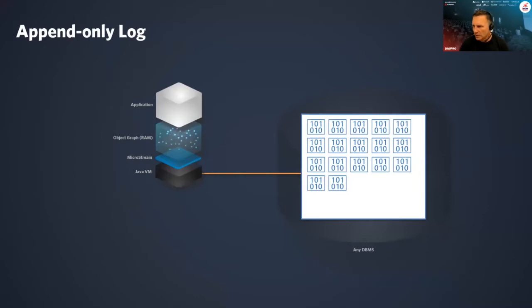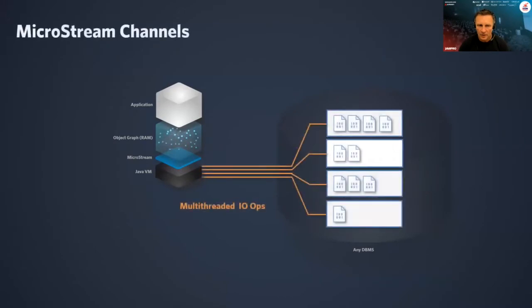This is not a problem because think about, we have this garbage collector, and the garbage collector will remove the legacy objects from your storage. So you can configure that, it runs smoothly and stable. And you also can use channels for storing your objects, and it depends on how many cores your hardware supports. The more channels you can use, the more you can use all the I/O operations in parallel.